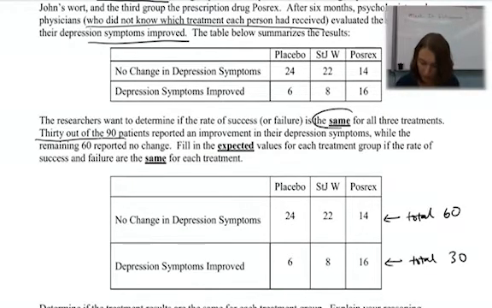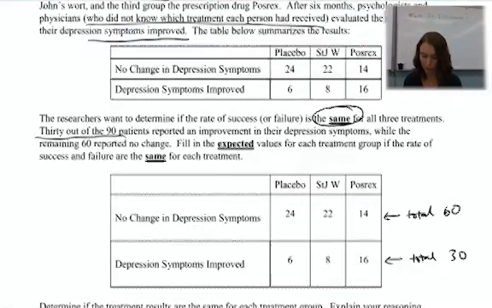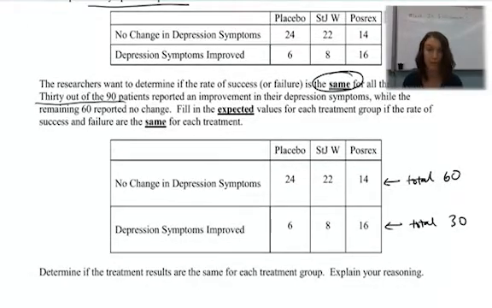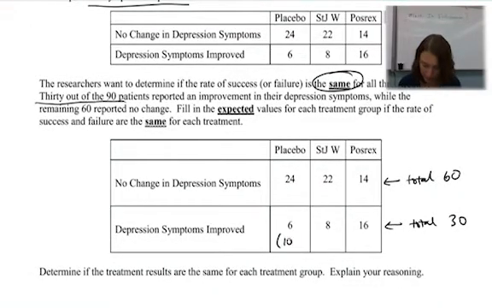So if we were expecting to see the same amount for each one of the treatments, then if there was a total of 30 people who said depression symptoms improved, we would have expected to see 10 here, 10 here, and 10 here. And out of the 60 people, we would have expected to see 20, 20, and 20 if it was all the same.